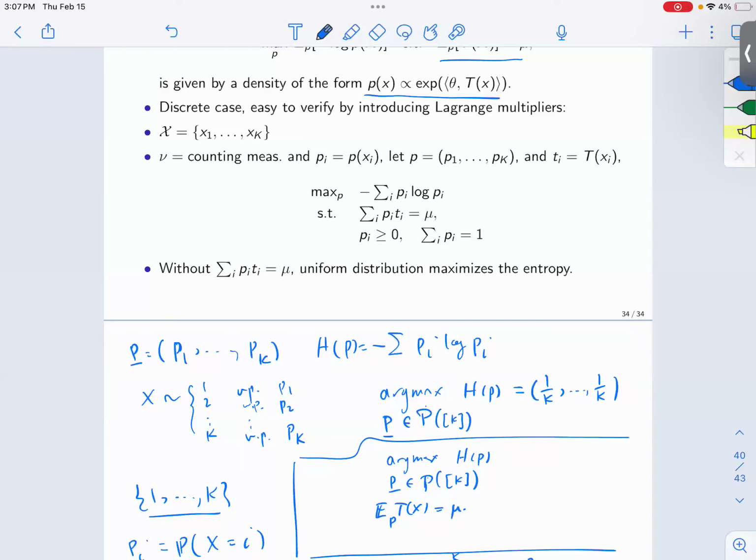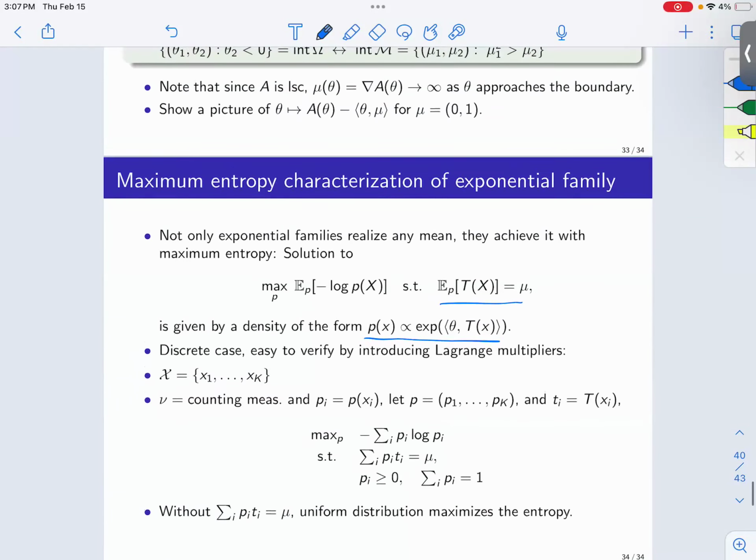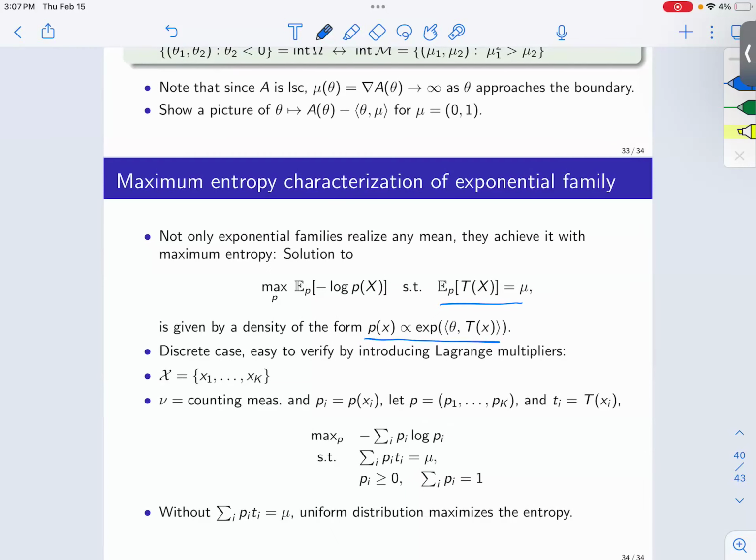So if you observe your data, from your data you calculate, for example, empirical moments, and you want to find the distribution that maximizes entropy subject to those constraints: exponential families. Okay. It's another manifestation of the idea that they occupy a very optimal place in this case.